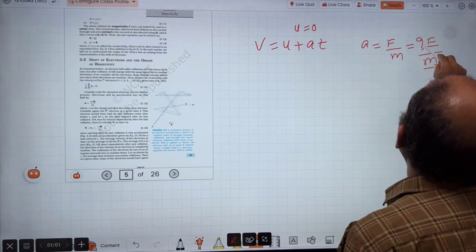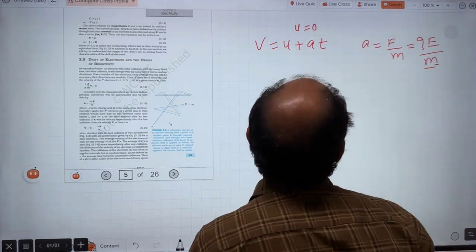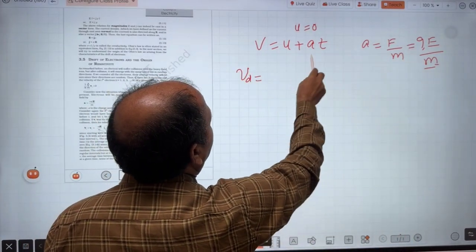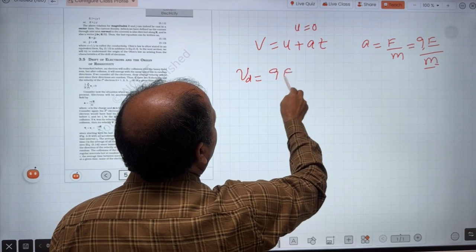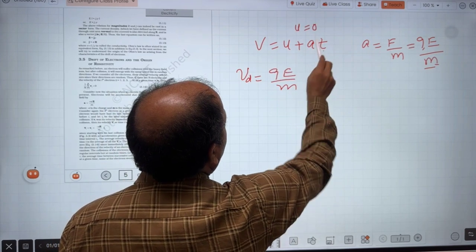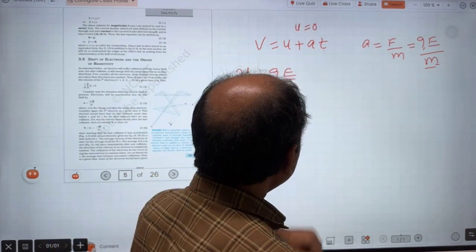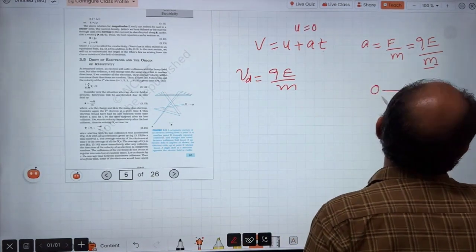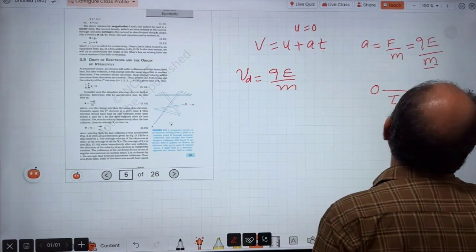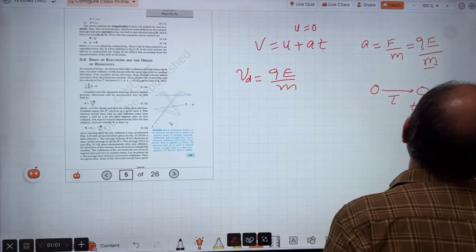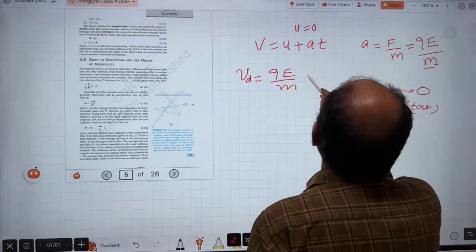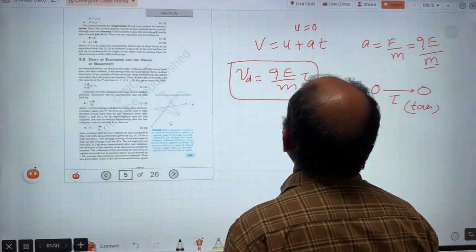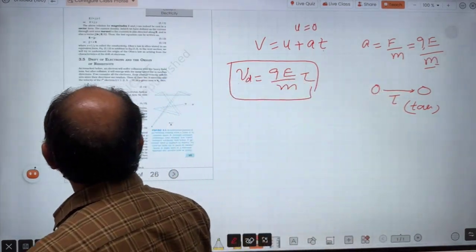So here we write V_D equal to 0 plus QE upon M times the time of relaxation between two collisions. Suppose the electron moves some distance, so the time is T. Here we write it as tau. So this is the relation for drift velocity.